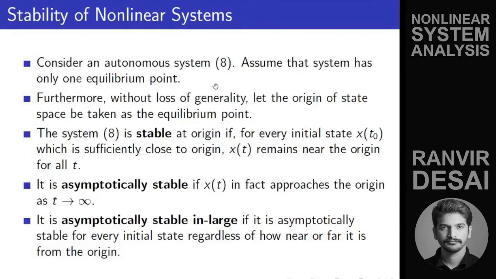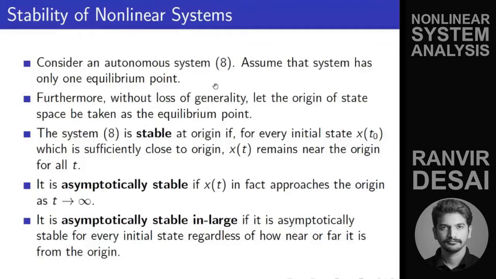I will repeat the statement, though this is very easy to understand. It is written in a simple language. The system is stable at the origin if for every initial state that is sufficiently close to the origin, x of t remains near the origin for all t.